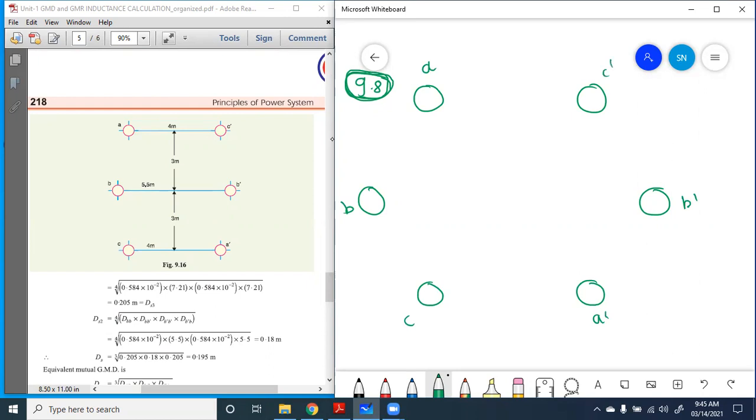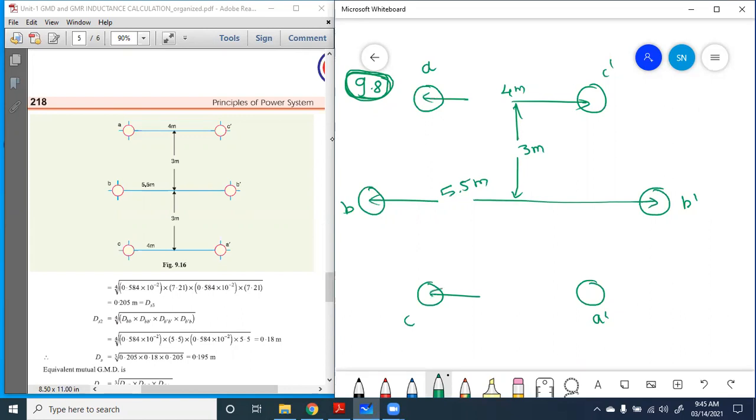Now, the distance between A and C dash is given as 4 meter. Similarly, the distance B to B dash is also given, that is 5.5 meter. The horizontal distance between the combination of A, C dash and B dash is 3 meter.